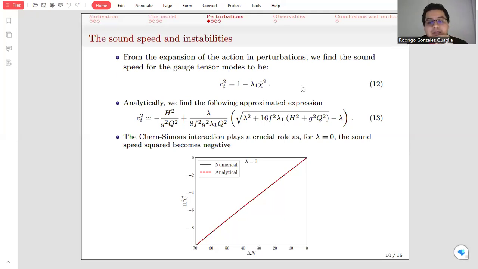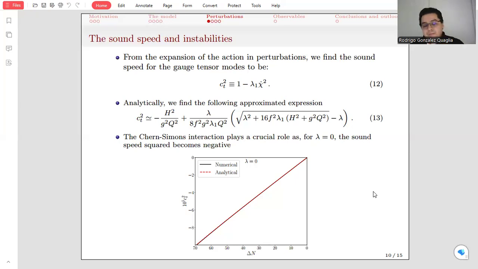We can approximate analytically this sound speed to be equation 13, where we see that the role of the Chern-Simons term is crucial at the level of the perturbations, because if we set lambda equal to 0, the second term vanishes, and thus we are left with a negative sound speed squared, as we can see in the plot here, thus signaling an instability of the model. Therefore, the Chern-Simons term plays a crucial role at the level of the perturbations, avoiding the negative sound speed squared.